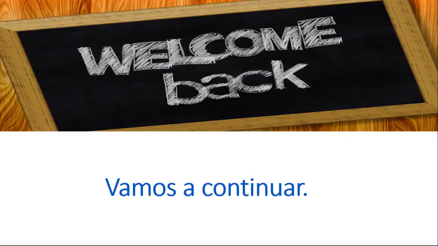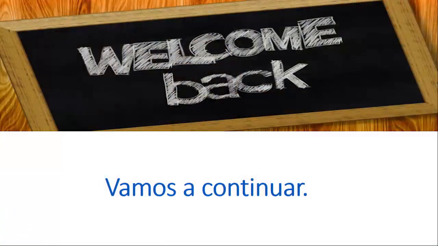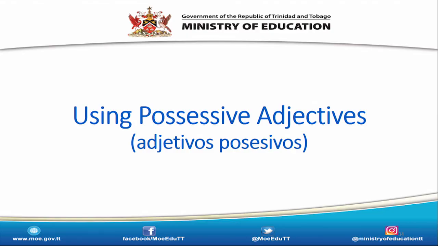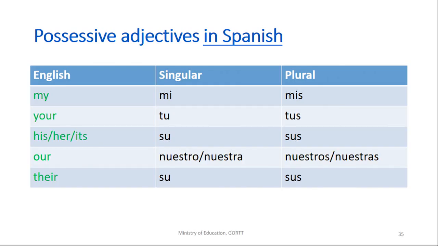Welcome back. We've been doing a great job at learning how to ask about ownership in Spanish. Vamos a continuar. Let's continue, shall we? We've looked at the possessive adjectives. Now we are going to learn how we use them in Spanish. Here again is the table with the possessive adjectives as they exist in Spanish and English.